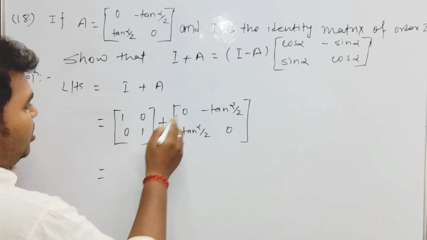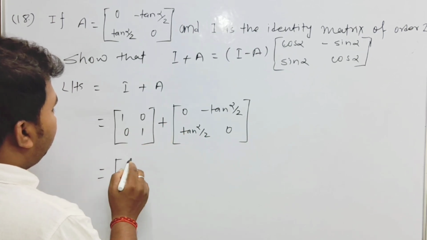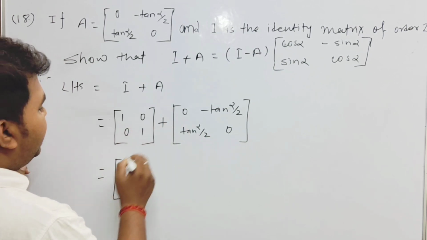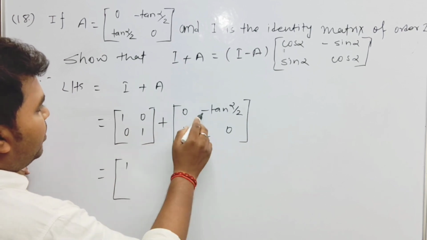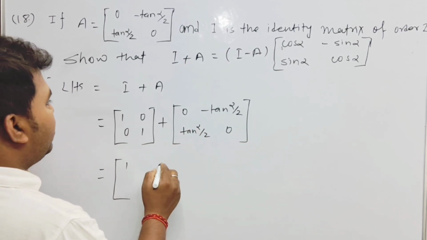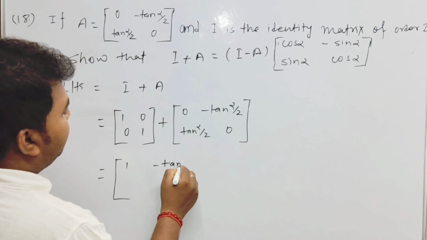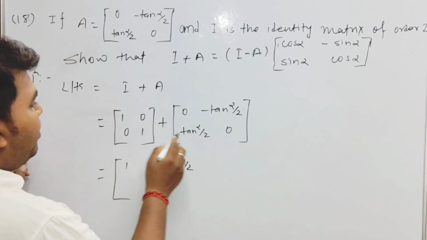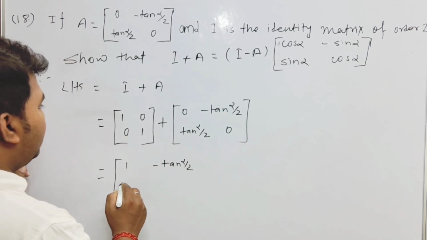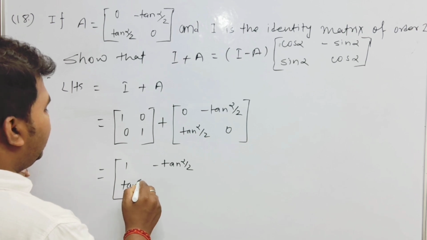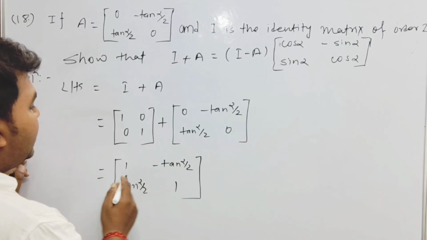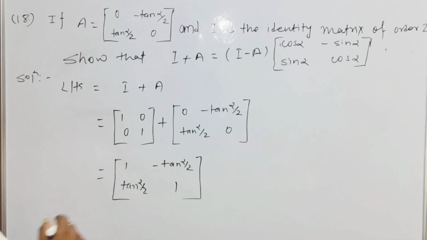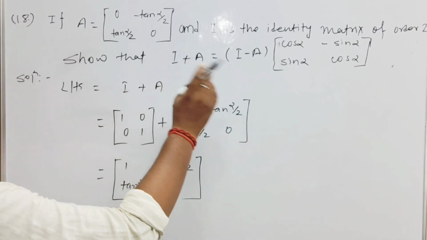Then we add corresponding elements: 1 plus 0 is 1, 0 plus minus tan(alpha/2) is minus tan(alpha/2), 0 plus tan(alpha/2) is tan(alpha/2), and 1 plus 0 is 1. This is LHS.